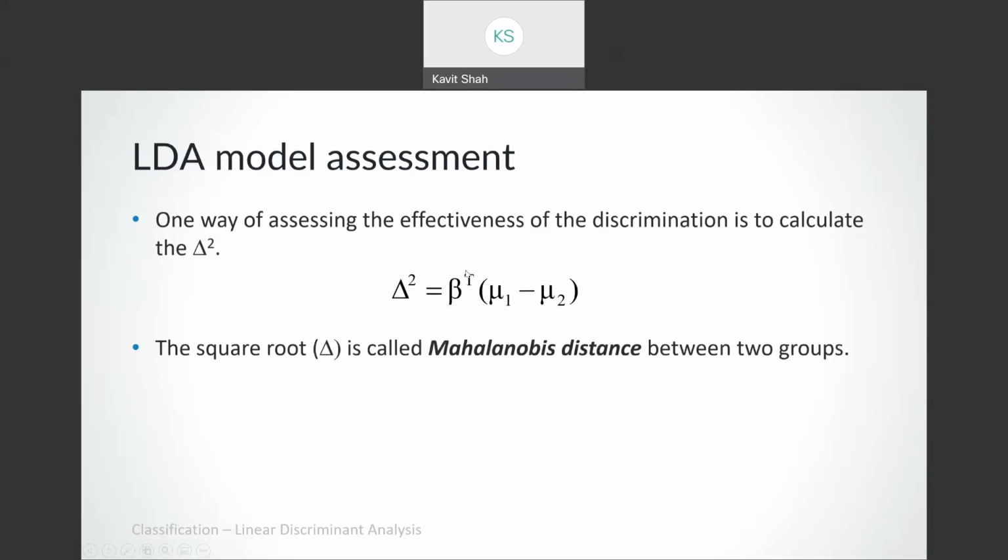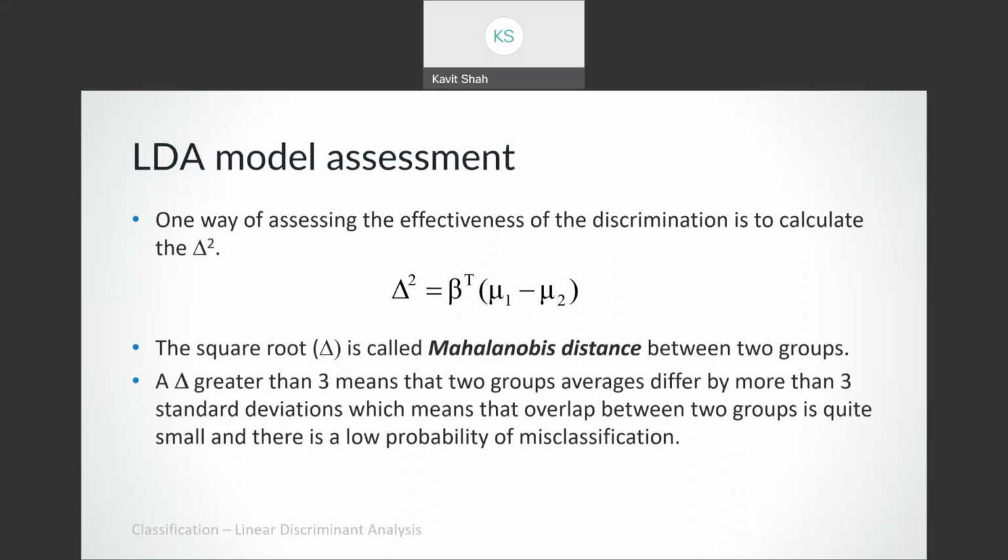So delta would be the square root of beta transpose times mu1 minus mu2, where beta transpose is the transpose of the estimators which we got using the LDA method, and mu1 minus mu2 is the difference in the means of the two classes.